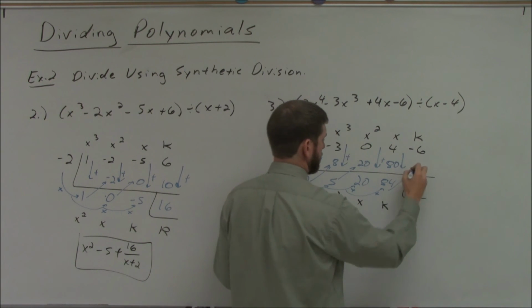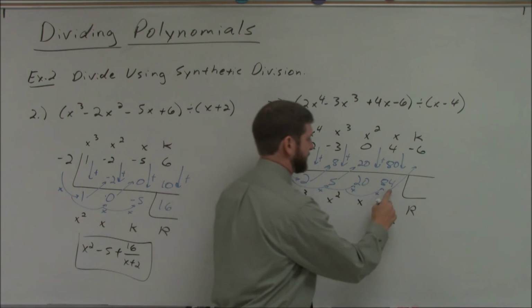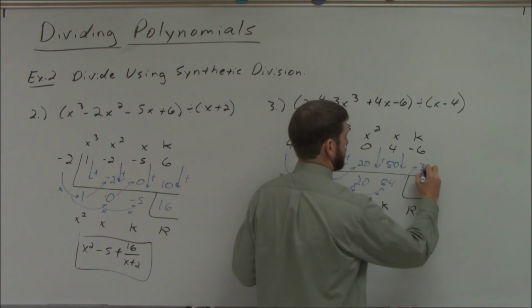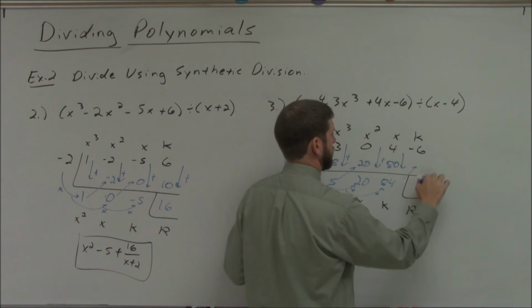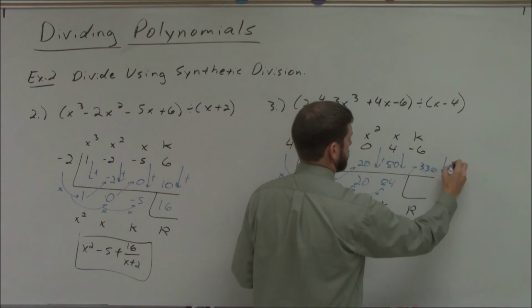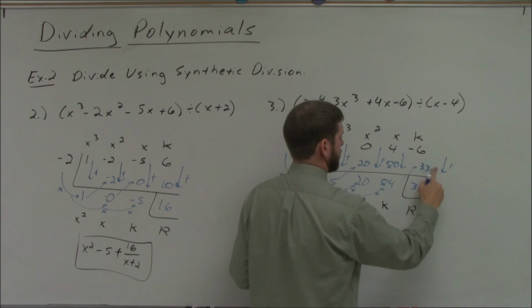Times the front is 320, 336. And you add that last column up and you get 330.